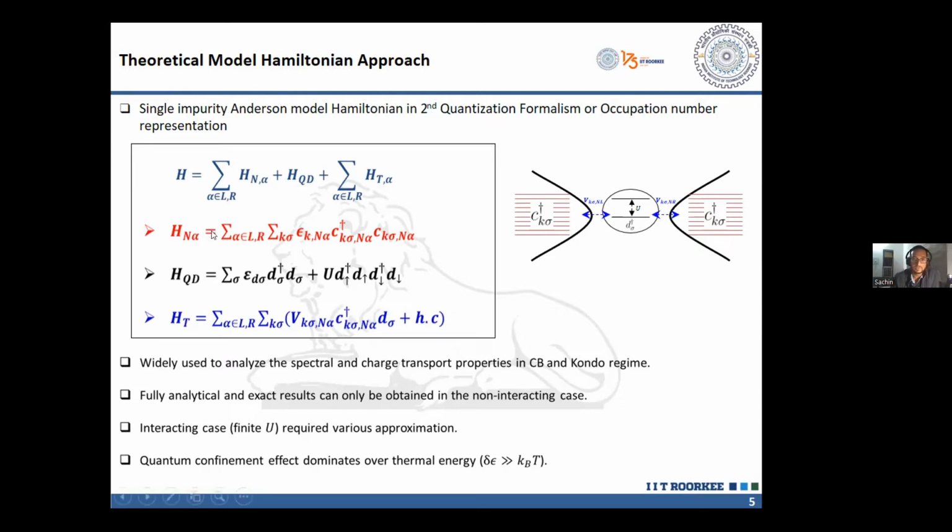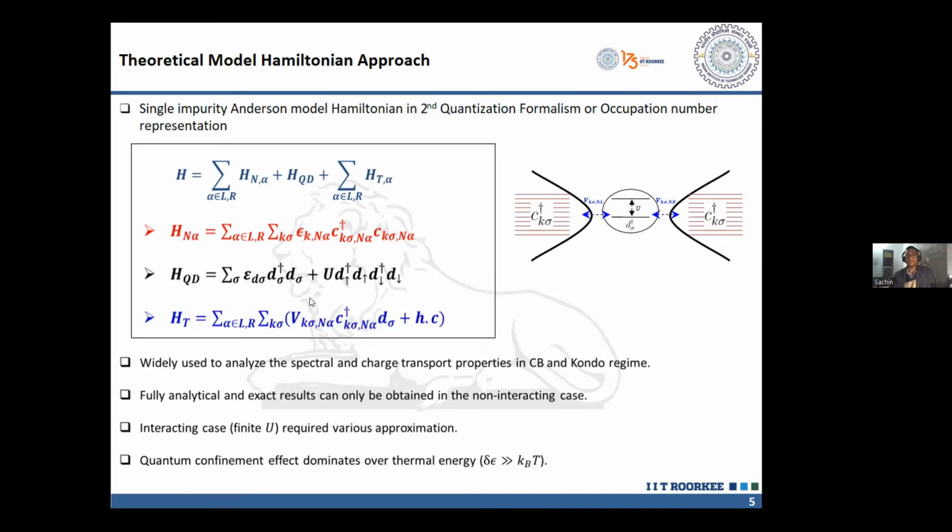So the first term represents the Hamiltonian of the normal non-interacting reservoir, and the second term represents the quantum dot. In the second term, the first part, E_d d_sigma dagger d_sigma, is the kinetic energy of the electron on the quantum dot level, the second part is the on-site Coulomb repulsion, and the third term is the tunneling between the metallic reservoir and the quantum dot.